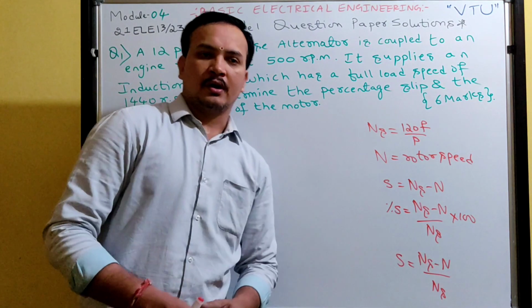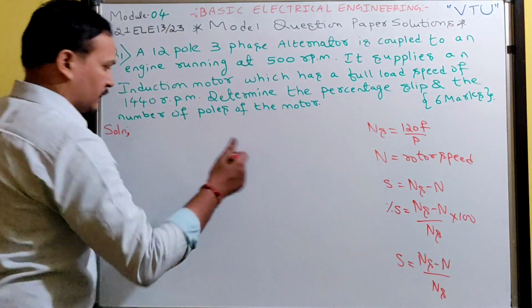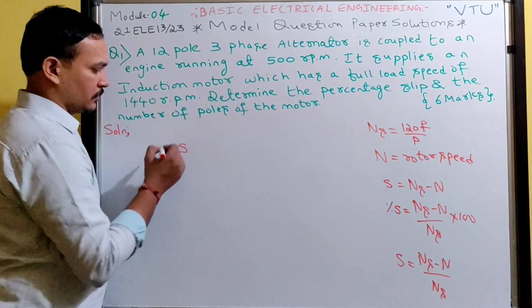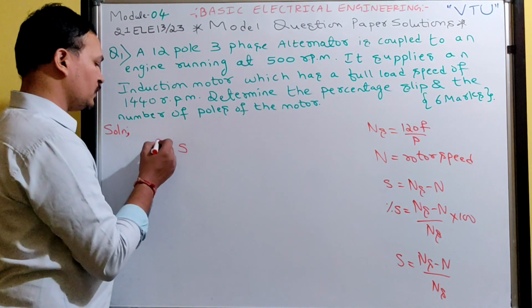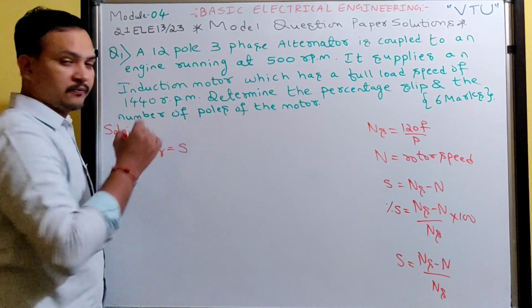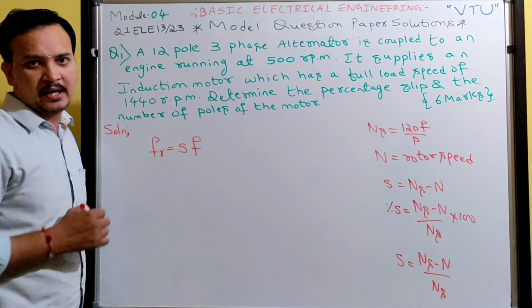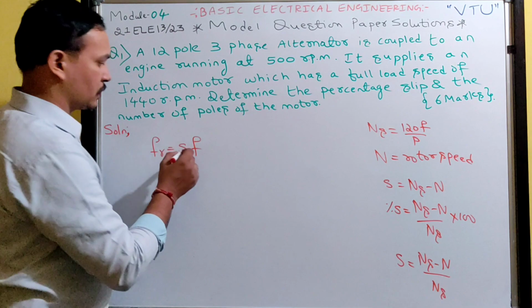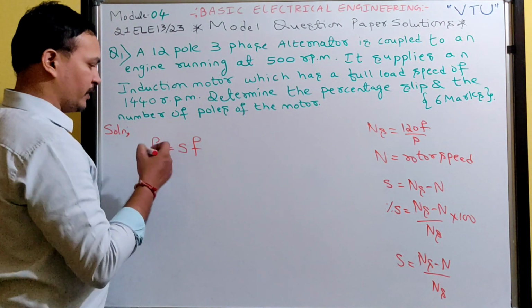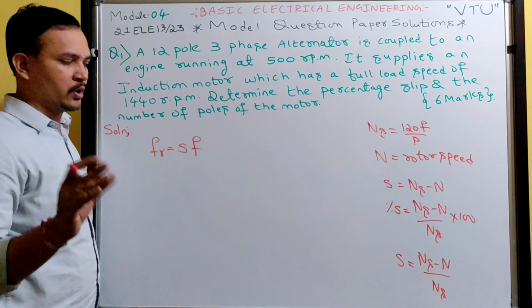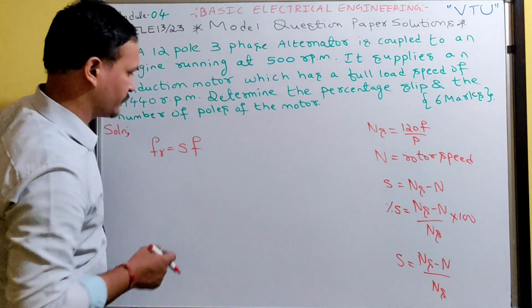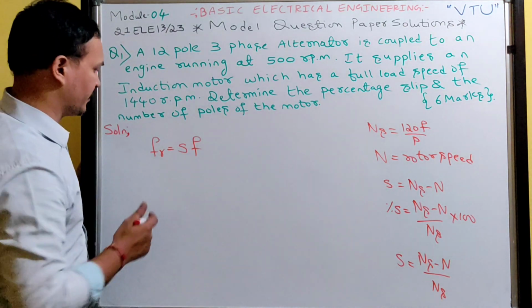After that we are going to use one more formula, that is rotor frequency is equal to slip times supply frequency. Fr is equal to sF. How we got this formula, for that you go and watch the regular video lectures by becoming a channel member.